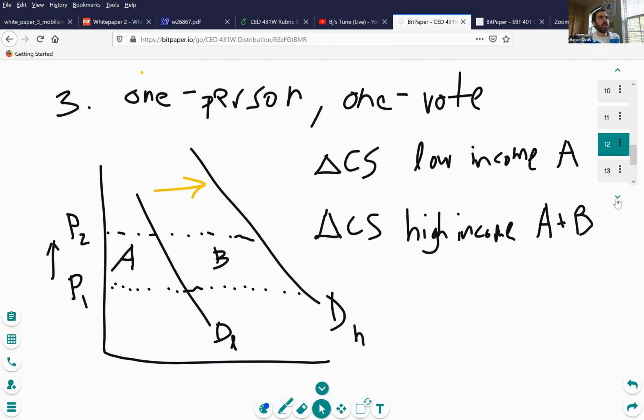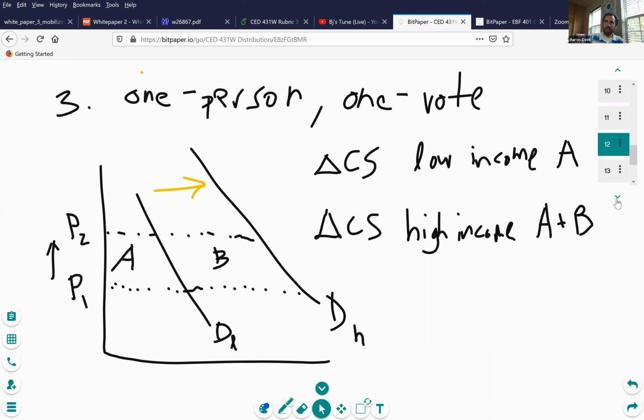The third justification is a political philosophy justification, which gets at the idea that we want to consider people's well-being and their changes in well-being that result from policies. We want to have some democratization of people's improvements in their well-being or reductions in their well-being.